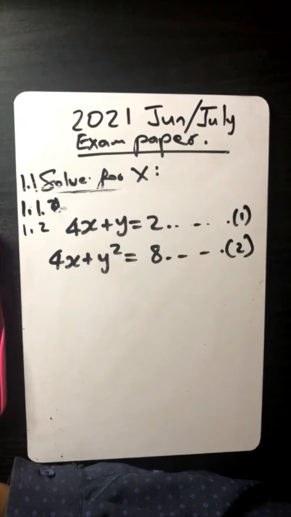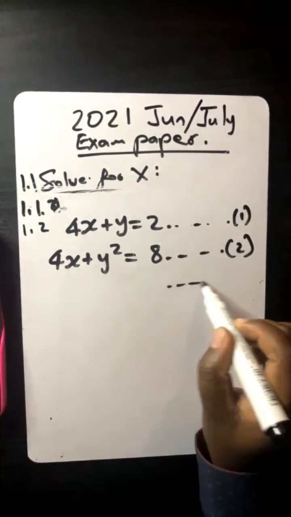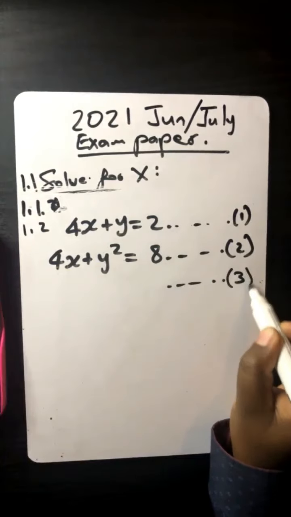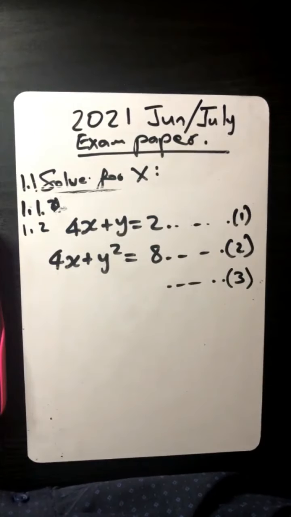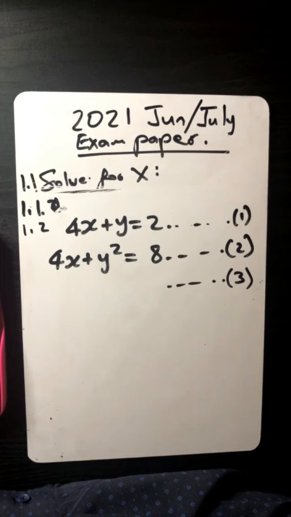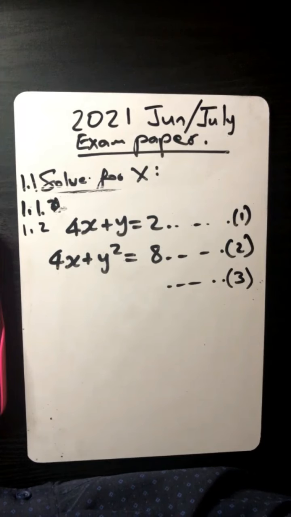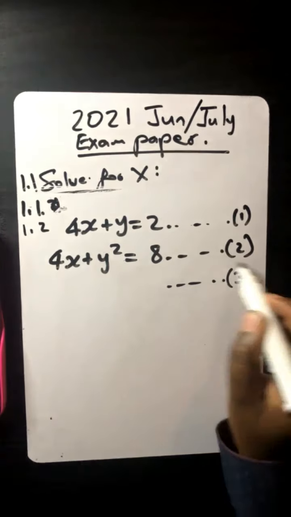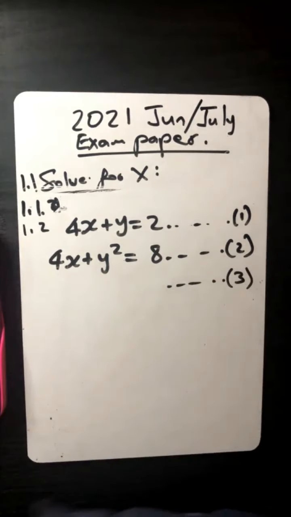I'll just explain how you approach those types of questions. Obviously, you need to derive equation number 3. So between equation number 1 and 2, which one is less complicated and which one can we use to make either x or y the subject of the formula, to derive equation number 3?